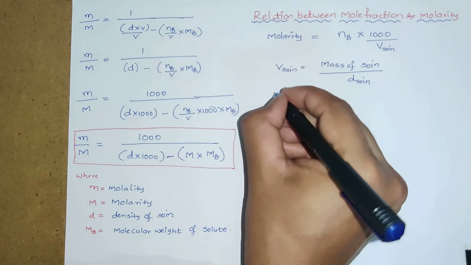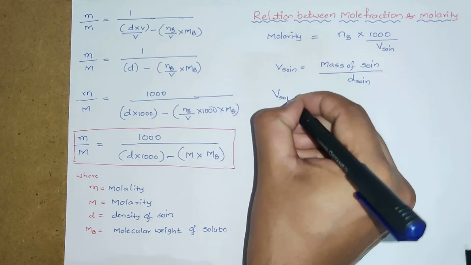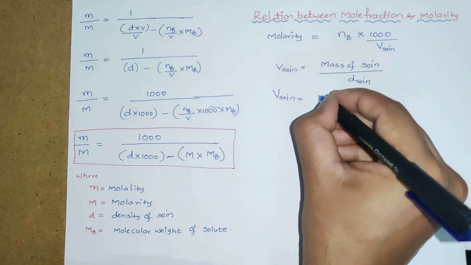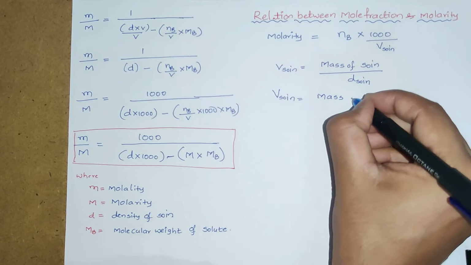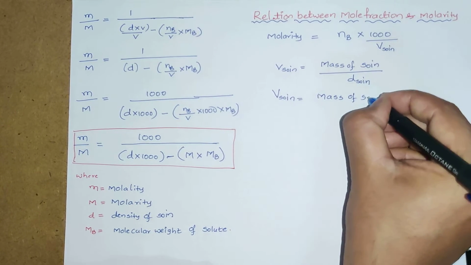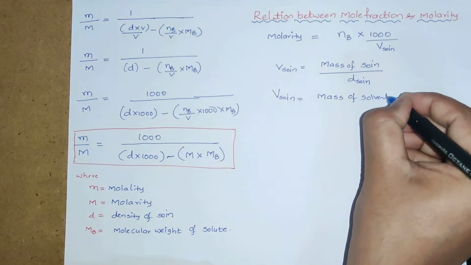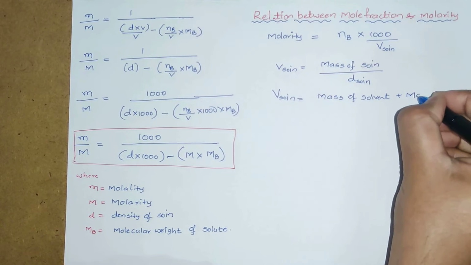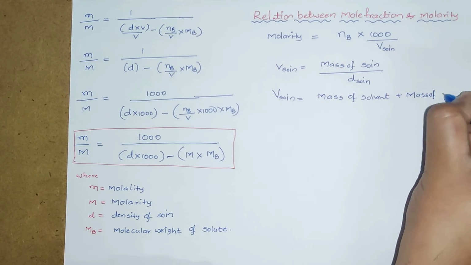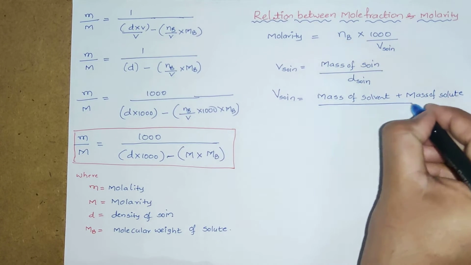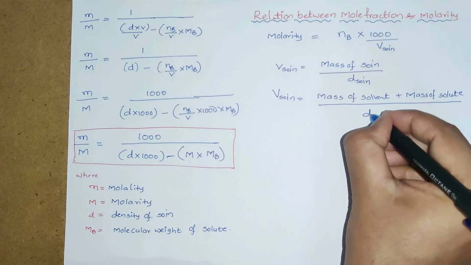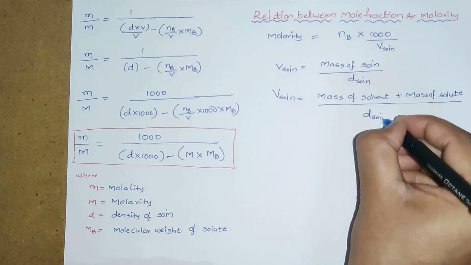What is mass of solution? Mass of solution means solution is a mixture of solvent and solute. So that's why mass of solvent plus mass of solute divided by density of solution.